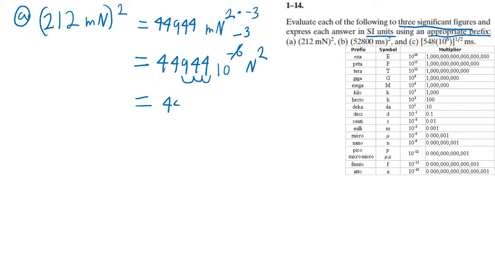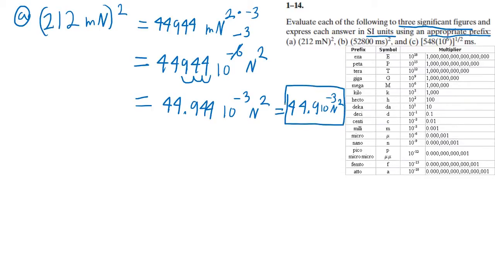And watch this. 44.944 times 10 to the negative 3 newtons squared, and with 3 sig figs, 44.9 times 10 to the negative 3 newtons squared. And that's our answer. Once again I'll say it because it looks pretty bad: 44.9 times 10 to the negative third power multiplied by newtons squared.